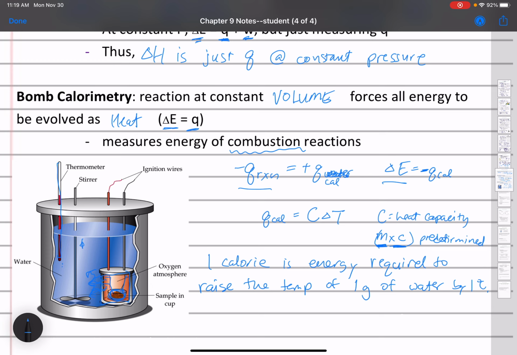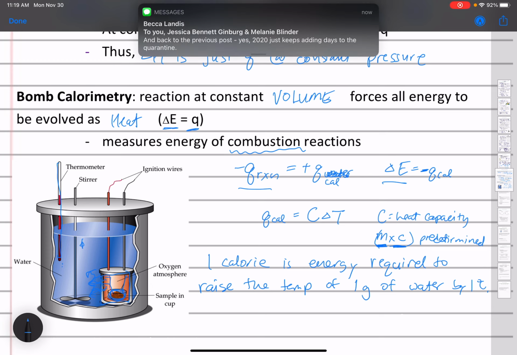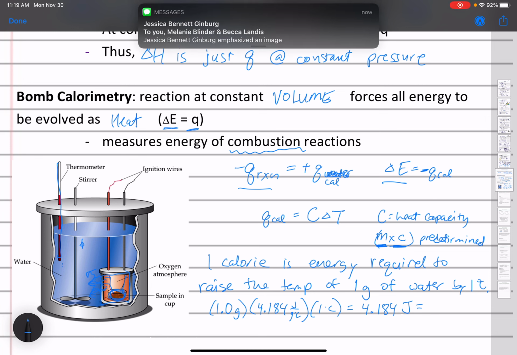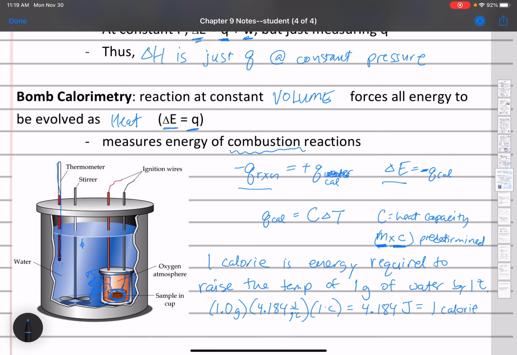All right, so a calorie comes from calorimetry, measuring heat, measuring the energy. So, for example, if we did this math here, 1 gram of water times the specific heat capacity of water, which I got from the table on the previous page, times 1 degree Celsius, the change in temperature, equals 4.184 joules. All right, so that's a calorie. 1 calorie is 4.184 joules.